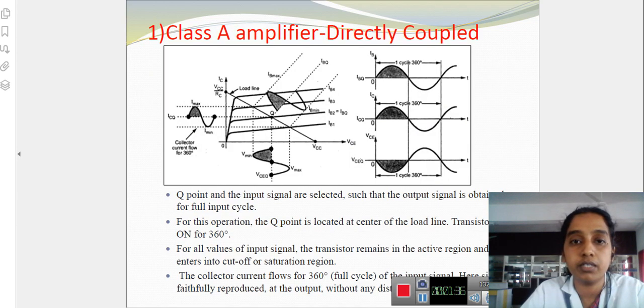Looking into it further, what is a class A power amplifier? So here in class A we have two types. First is the directly coupled, the other one is the transformer coupled.